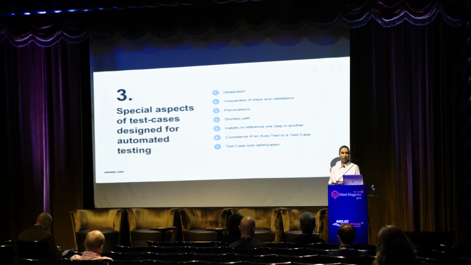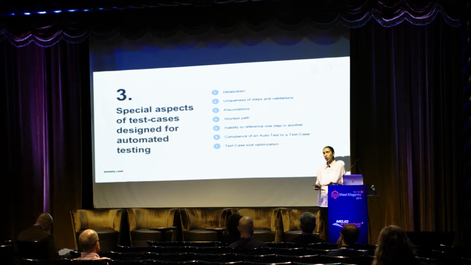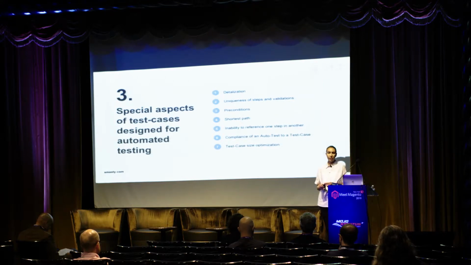Pretty complicated task is the optimization of test case size. What size should a test case for automation be? There is no defined answer, but we stick to the following approach. One test means one significant check.